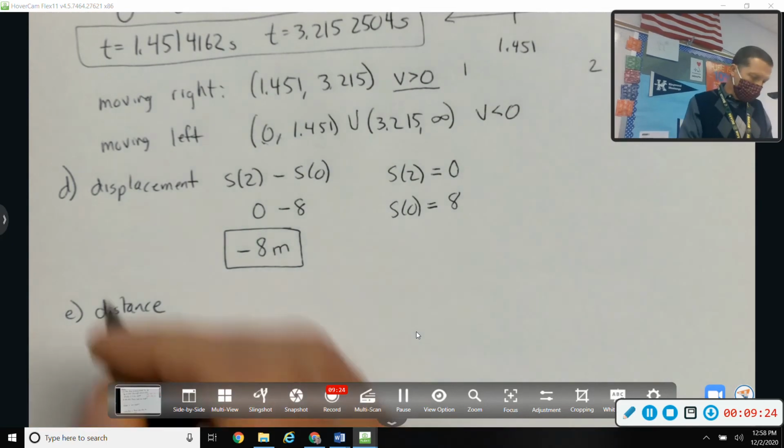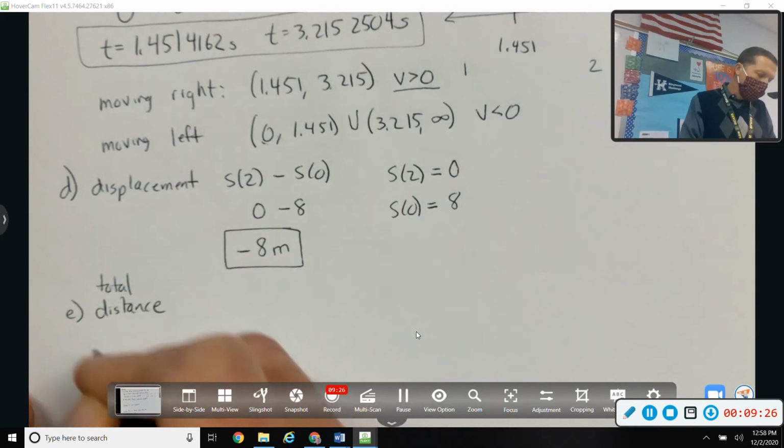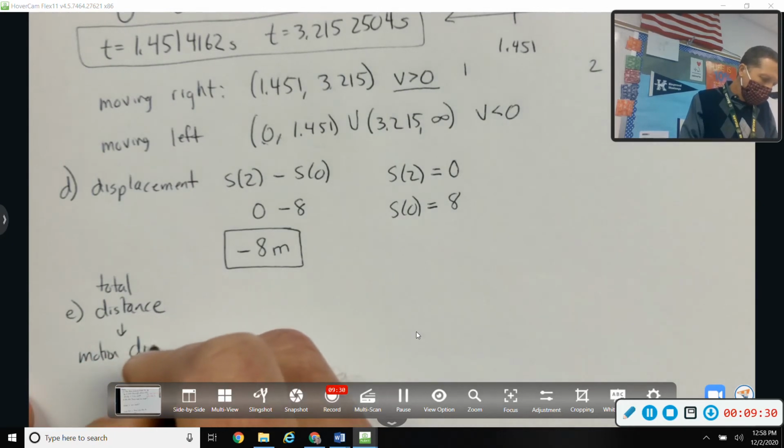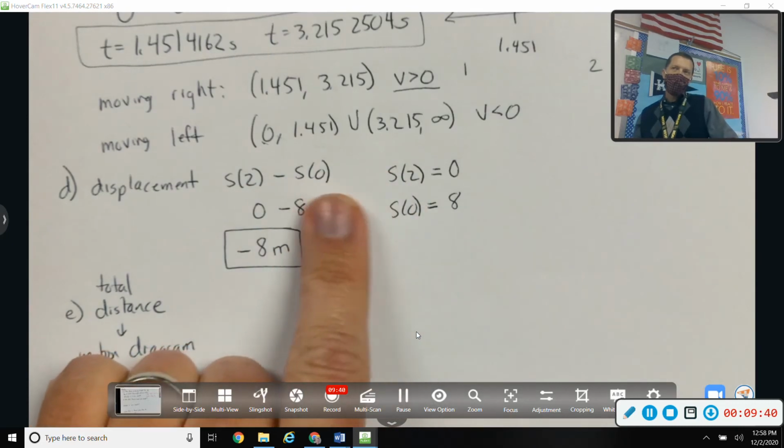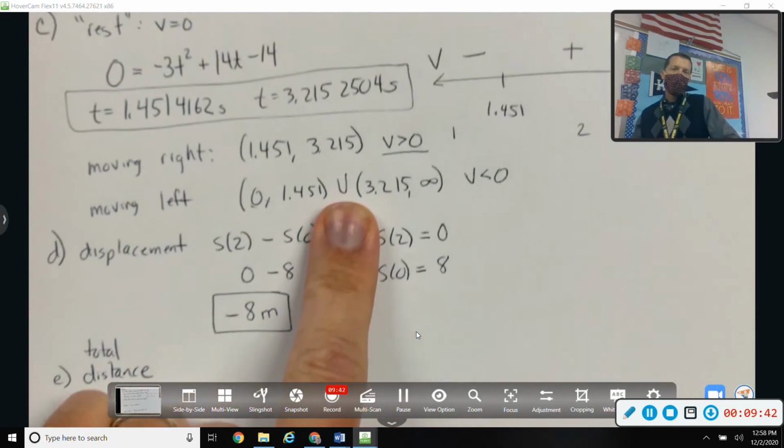Part E, we want total distance, which means we probably need to do a motion diagram. Couldn't you just do a motion diagram and bypass all that math? I mean, I could do a motion diagram in order to get part D. Is that what you mean?